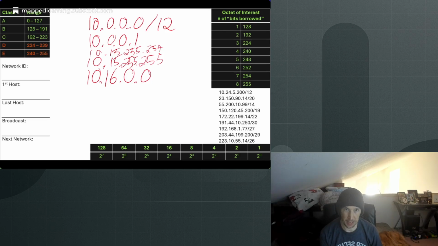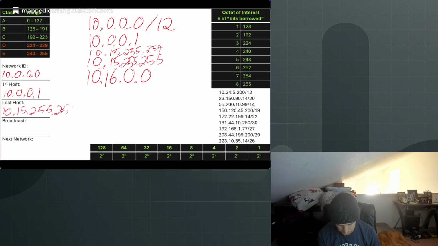So, on the left-hand side at the bottom, if I were asking you this on an exam for this first network, you would put 10.0.0.0. First host is 10.0.0.1. The last host is 10.15.255.255. I apologize.